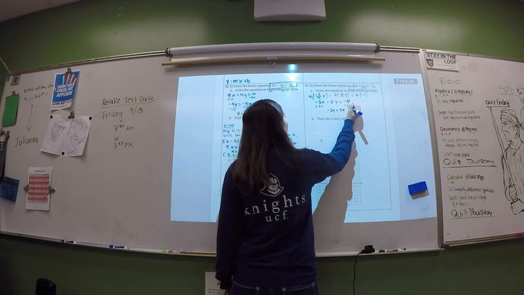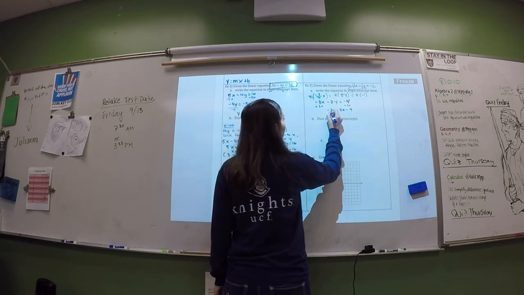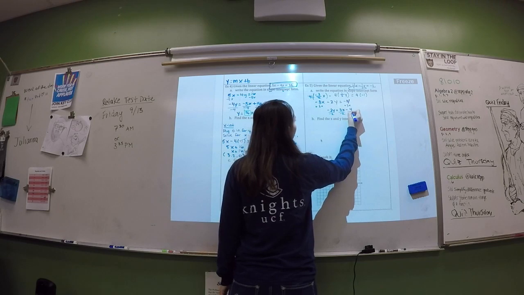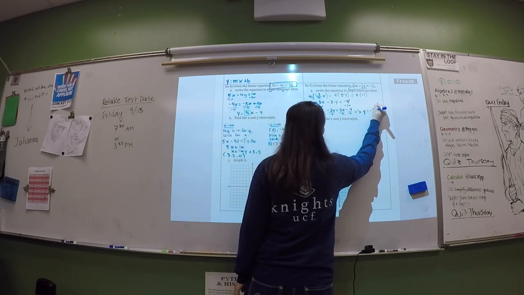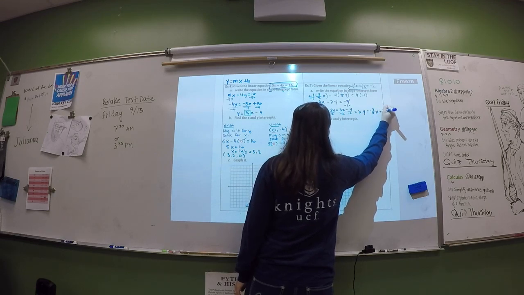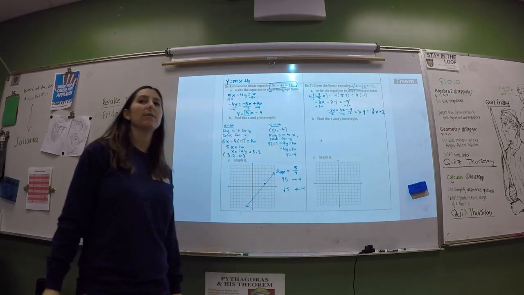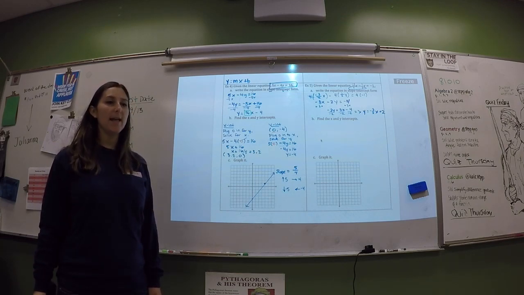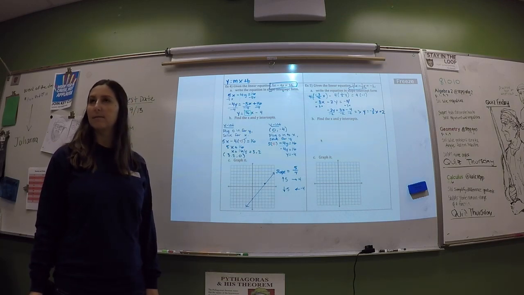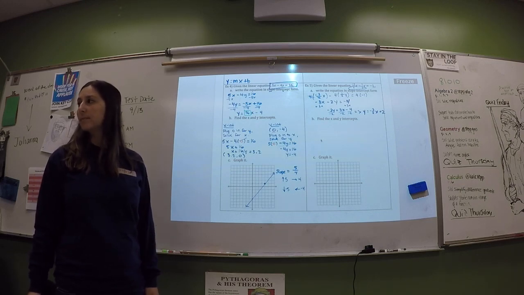Minus 4. Yeah, so I'm not done, I still have to divide by negative 2. Okay, so when I divide by negative 2, I get y equals negative 3 over 2x plus 2, because negative 4 over negative 2 is going to be positive 2. So that's slope-intercept form. Yay! Questions?